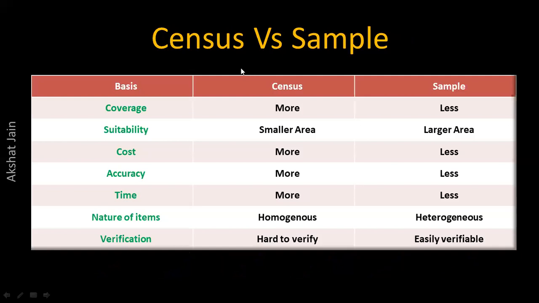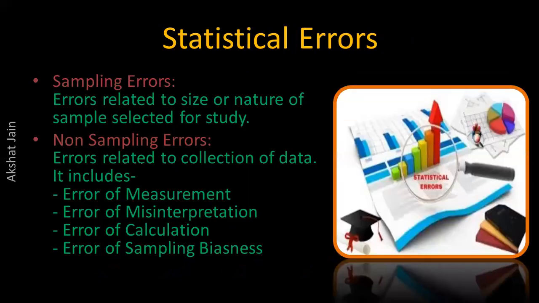Please have a quick look at the bases of difference. And the last topic is statistical errors. We just discussed there are two types of errors, sampling errors and non-sampling errors.